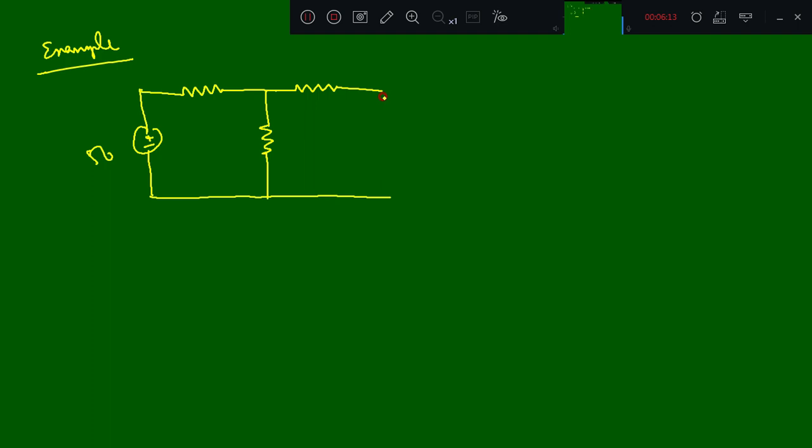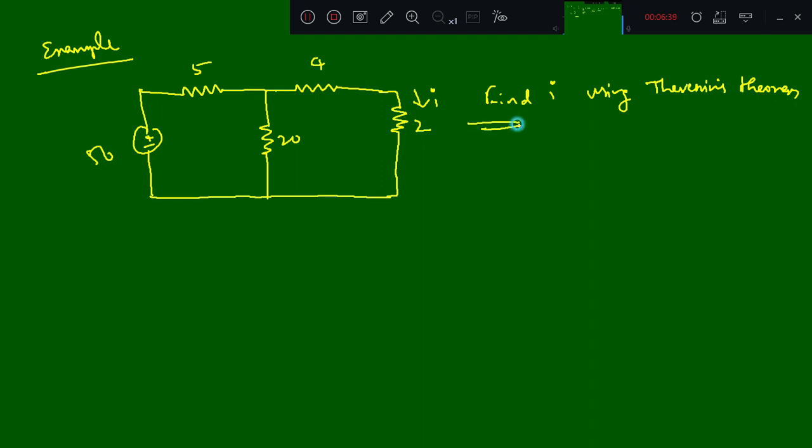Example: one voltage source of 50, then resistances of 5, 20, 4, and this is 2, and here is I. Find I using Thevenin's theorem. So this is the question.